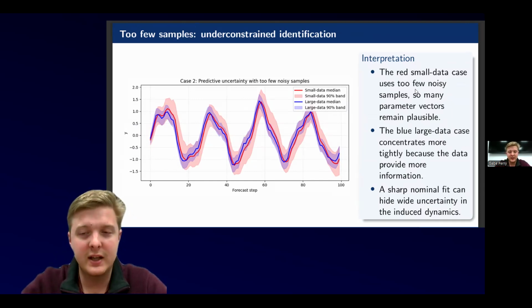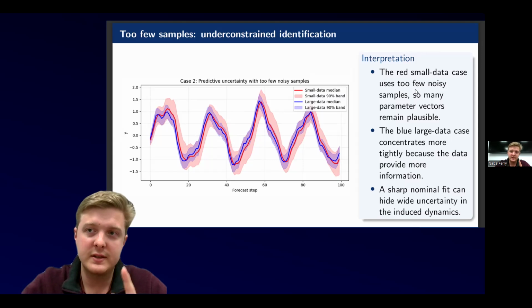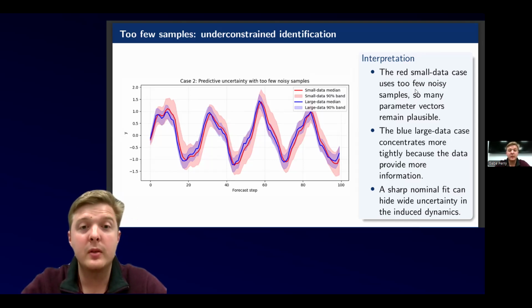That confidence interval is tighter because we have sufficient data to identify the actual intrinsic noise in the process, that original single sigma squared, lowercase sigma squared Gaussian from the nominal model, whereas the red band is wider than that. It also includes uncertainty due to a lack of data.